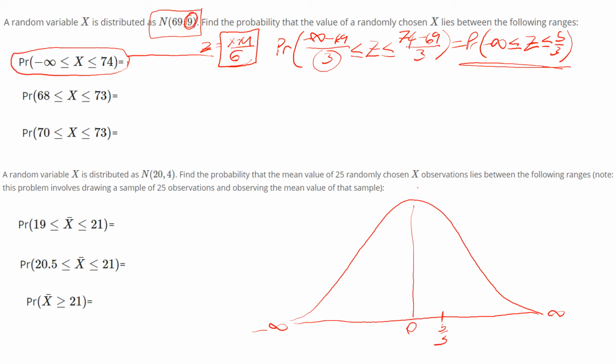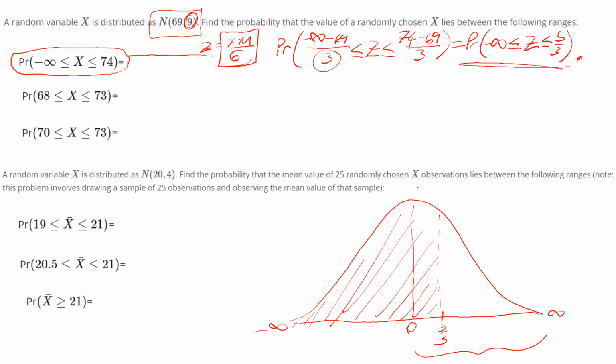We are effectively looking at determining the size of the shaded area over here. But we know that the Z table only gives us the area for this half of the distribution, 0 to infinity. So we have to split this problem up.